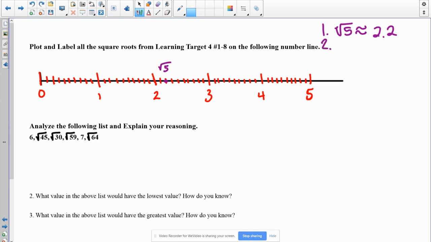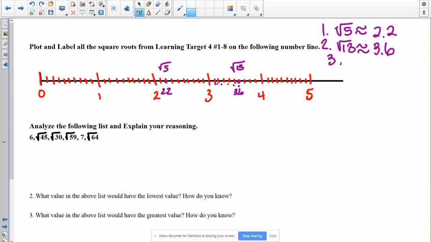Number 2 from our video notes was the square root of 13, which is approximately 3.6, or 3 and 6/10. We go to 3 and count our tenths: 3.1, 3.2, 3.3, 3.4, 3.5, 3.6. We put the square root of 13 there, and we can put 3.6 at the bottom just to be sure.